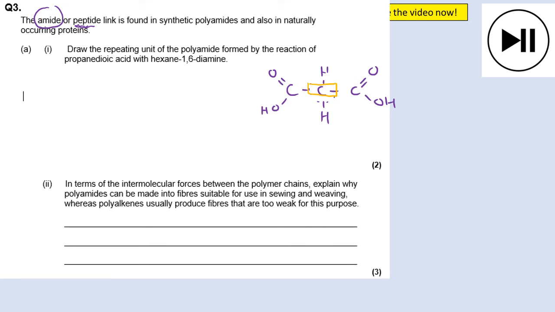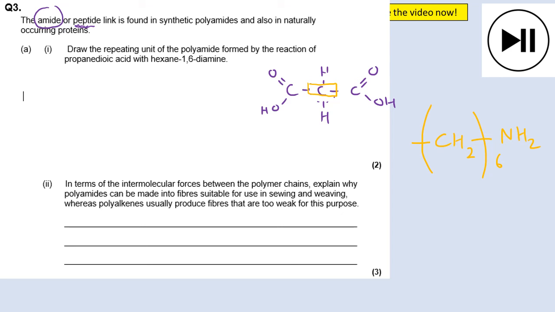And hexane 1,6-diamine, well, that's a diamine with 6 CH2s between them. You could draw the full chain out. There's no reason why you shouldn't. But I'm just going to do CH2 6. Don't have to do it this way. If you really wish to draw them all out, go for it. And that's NH2, so it's diamine on the 1 and the 6.